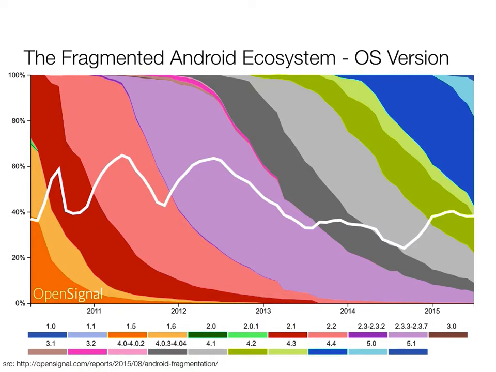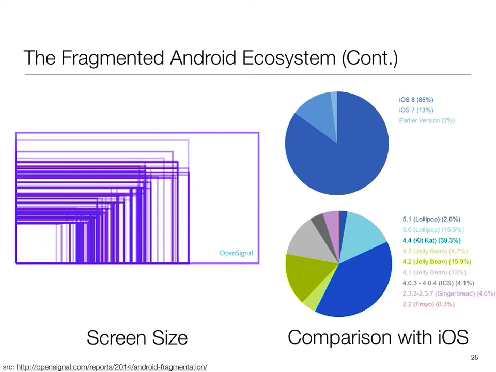So in addition to people not updating their phones, you have developers like Samsung and others not updating their APIs, or having to augment their custom systems. And so you can see here the difference.